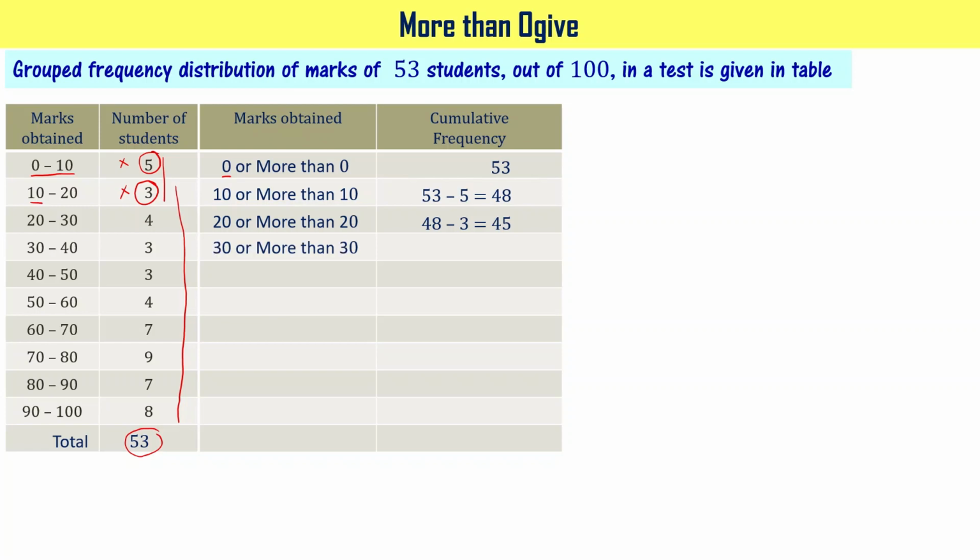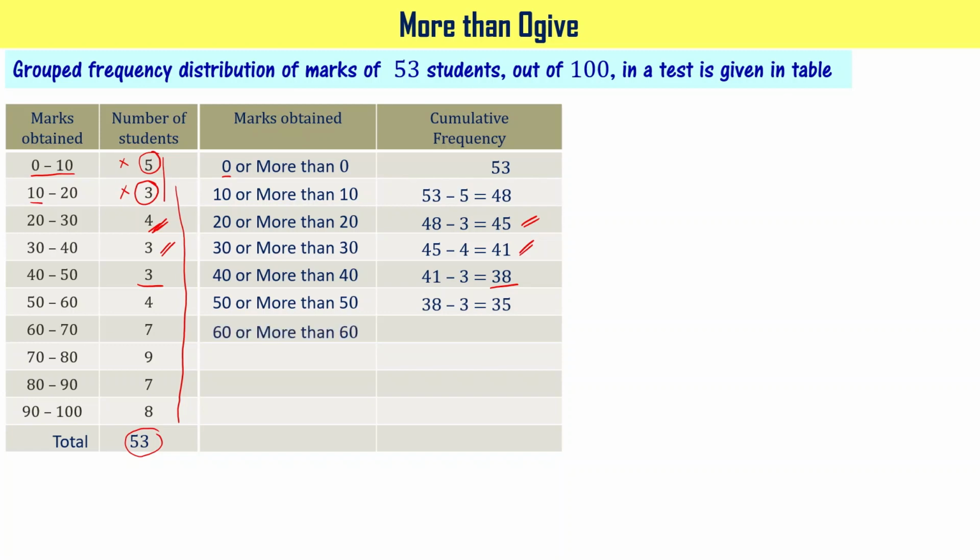30 or more than 30 means 45 minus 4. You see, 45 minus 4 is going to be 41. Now 40 or more than 40, when I say, it is going to be 41 minus 3, that is equal to 38, right? 50 or more than 50, when I say, it is going to be 38 minus 3, that is equal to 35.